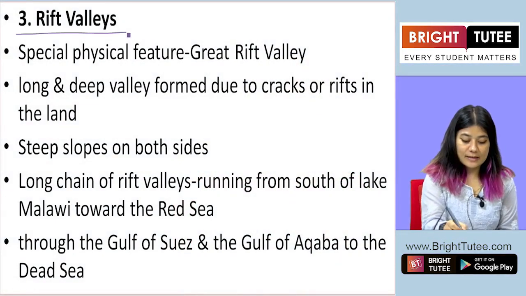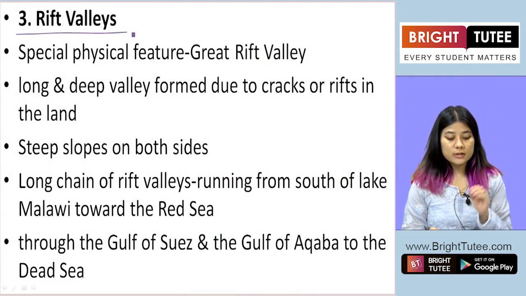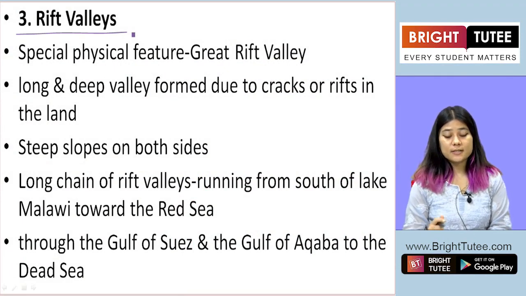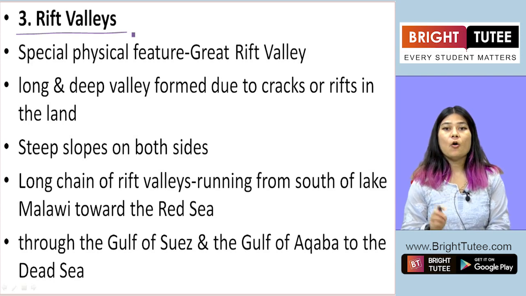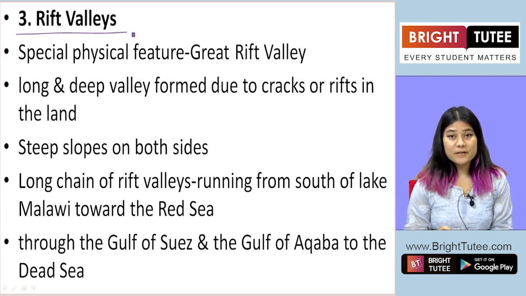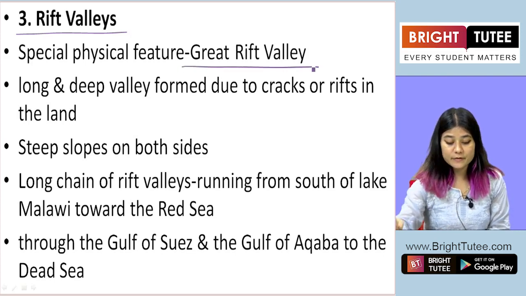Alright. So the third feature is rift valleys. Now rift valleys are one of the most special physical features of the continent of Africa. So Africa has rift valleys which are called the Great Rift Valley.